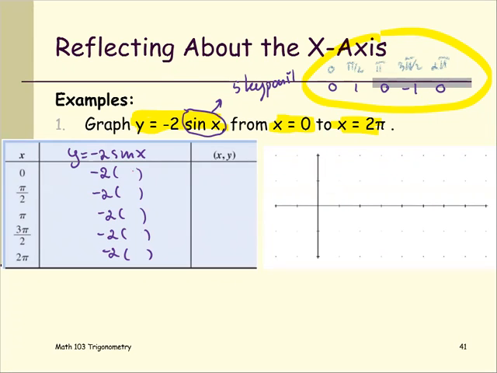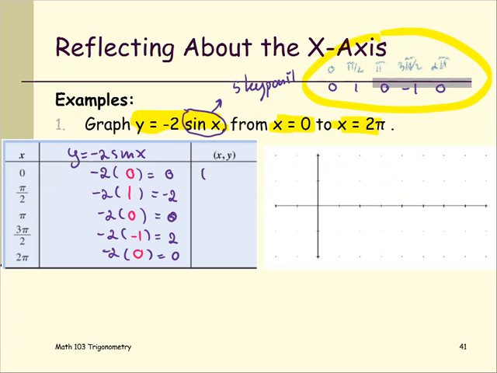At the point 0, the value of sine is 0. At pi over 2, the value is 1, and then 0, negative 1, 0. Simplify the numbers to be 0, negative 2, 0, positive 2, and 0 for all 5 values.